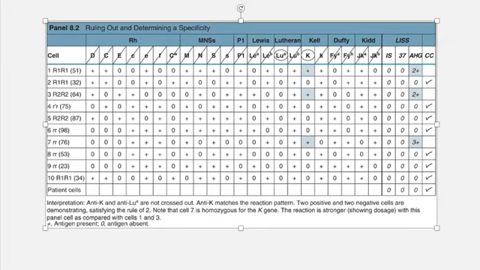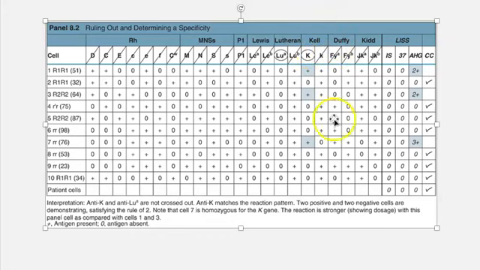So if you phenotype your patient, you test your patient to determine if they have, just for instance, let's say we were not able to rule out Kell, and maybe we're not able to rule out Duffy A. If we're not sure which one of those it is, we can phenotype our patient's red cells.